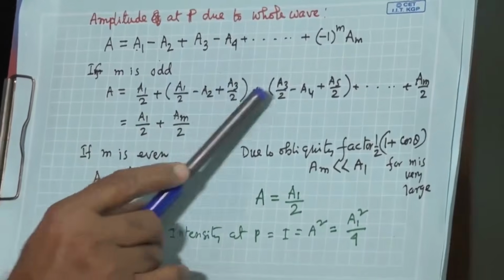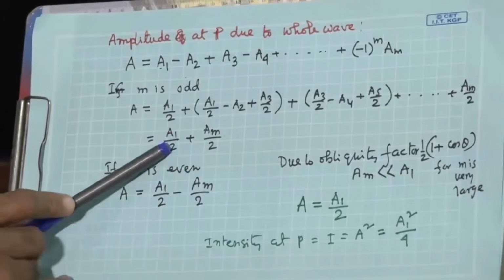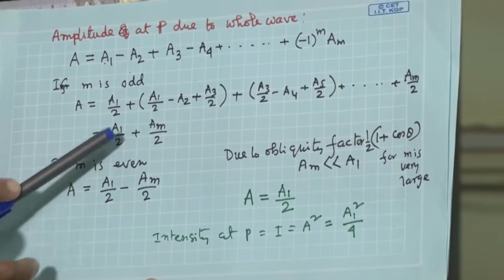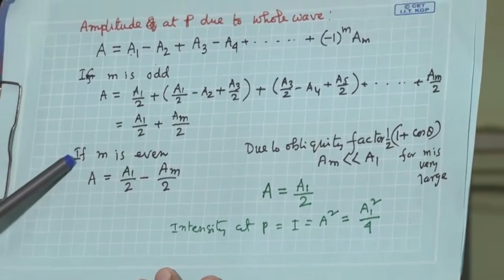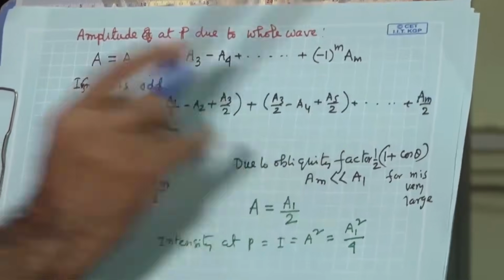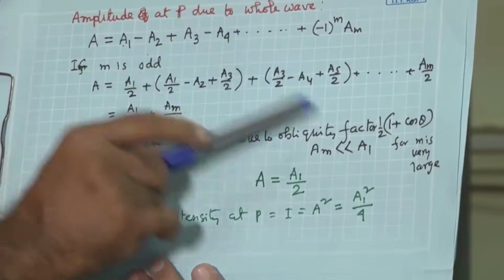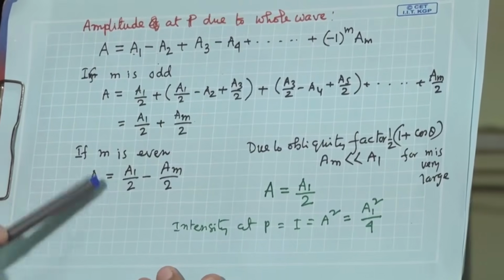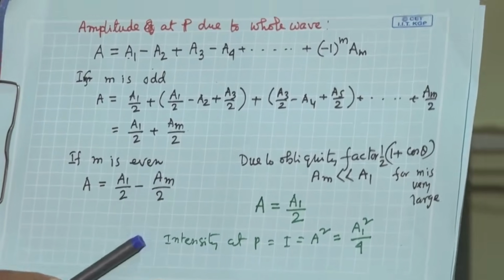So that way this will be cancelled, only this and this term will be there, A1 by 2 plus AM by 2. That is for M odd. When M is even, in the same way if you proceed, you will get A equal to A1 by 2 minus AM by 2.